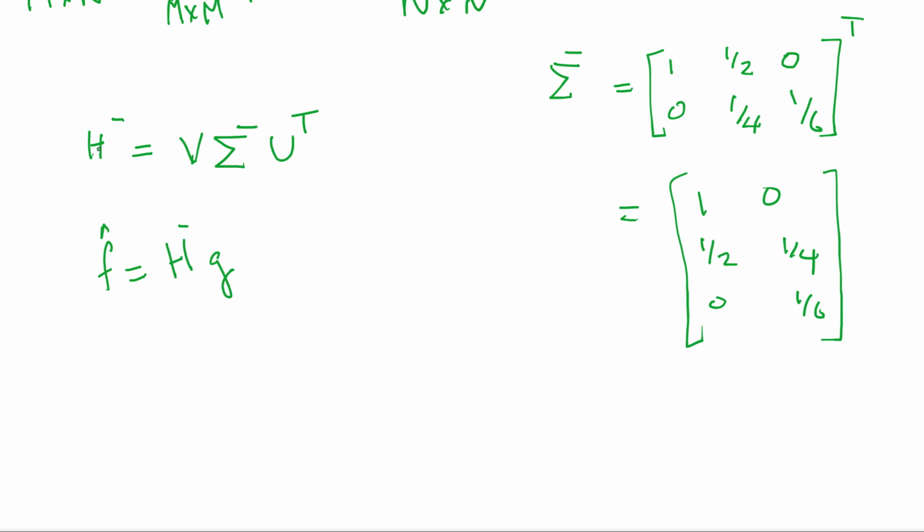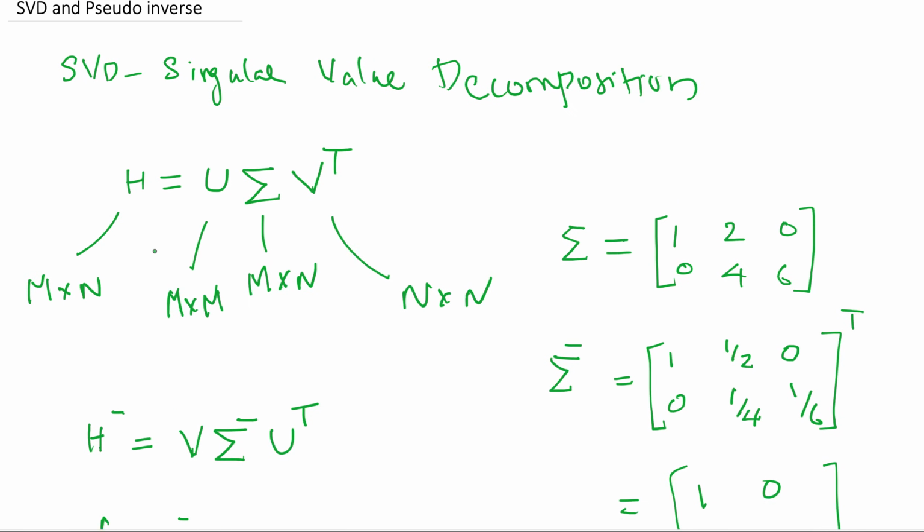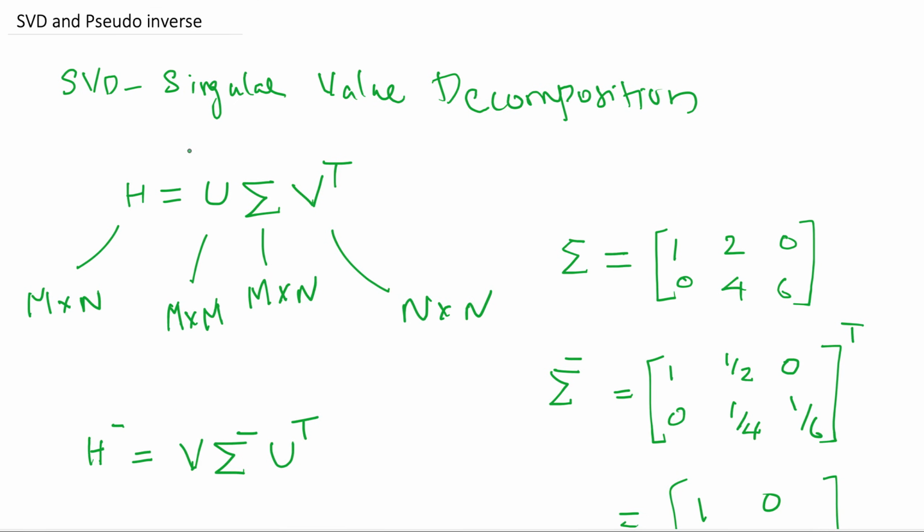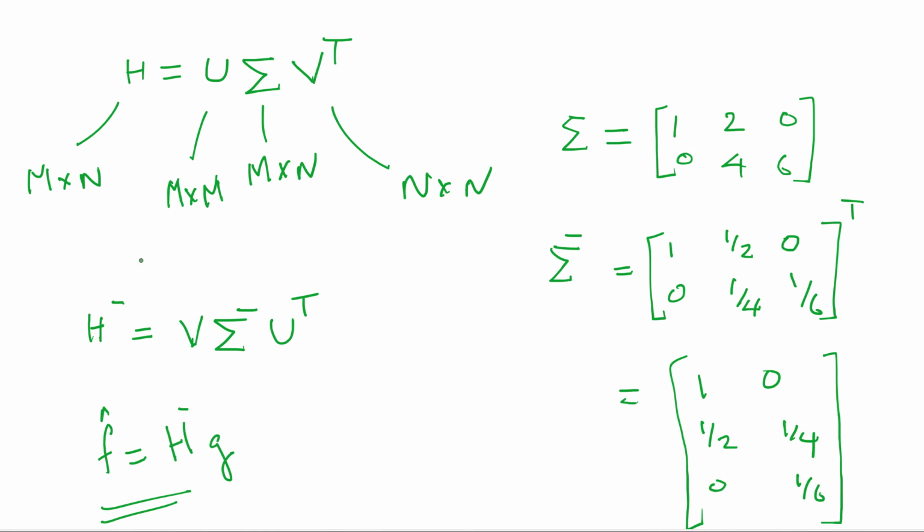So we will be substituting the value that we got from this relation directly here, so we can find the estimate or the restored image using this relation. So we saw that we can use the singular value decomposition matrix factors to find the pseudo inverse of a given matrix. Then we can in turn use the same matrix to find the estimate of a degraded image in order to restore the image.